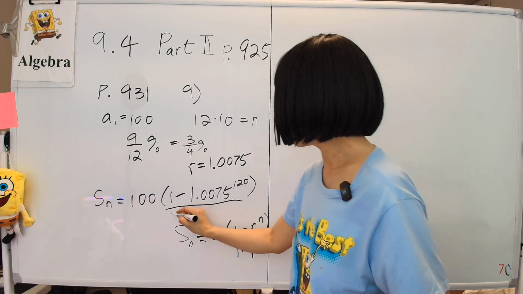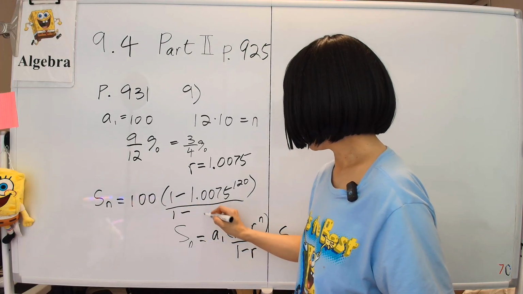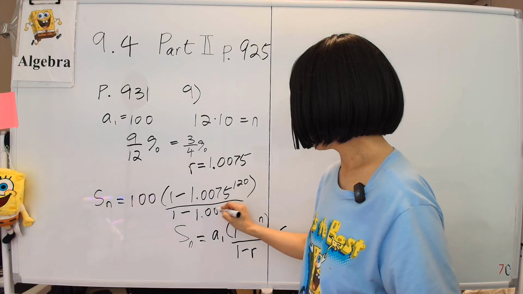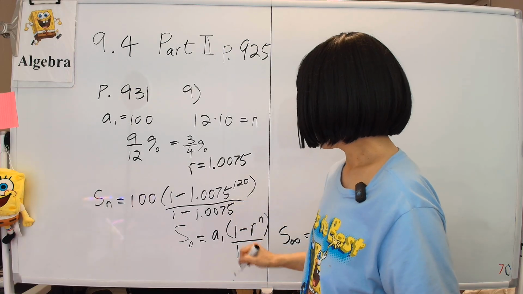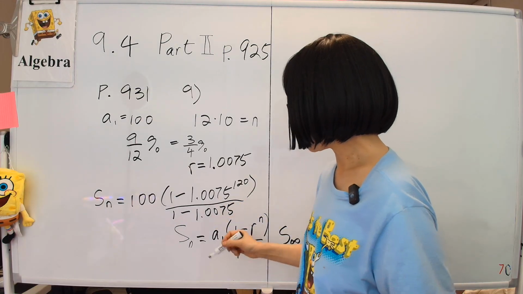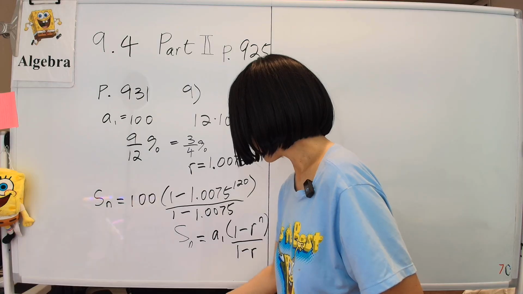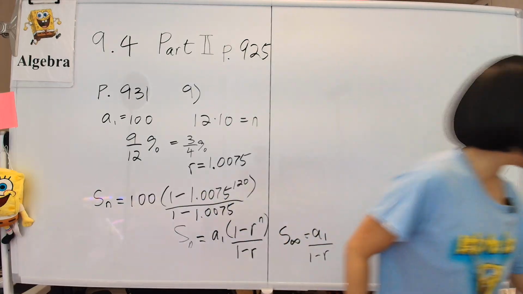We're following this formula here, 1 minus 1.0075. In other words, it's a negative number. So let's type this out on the calculator.